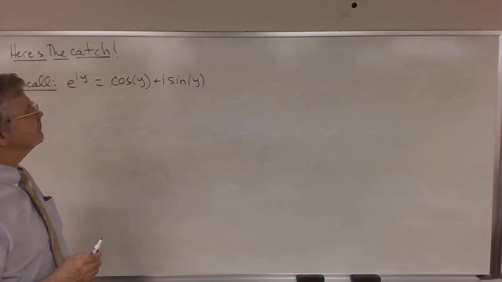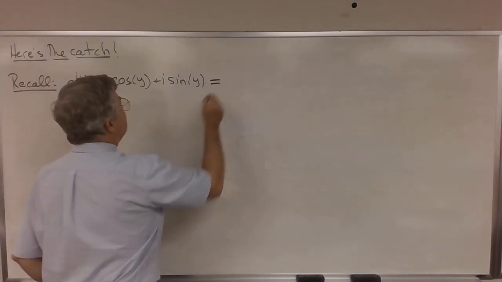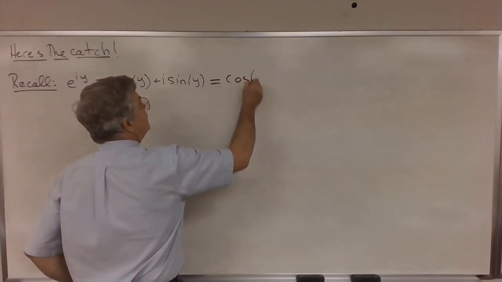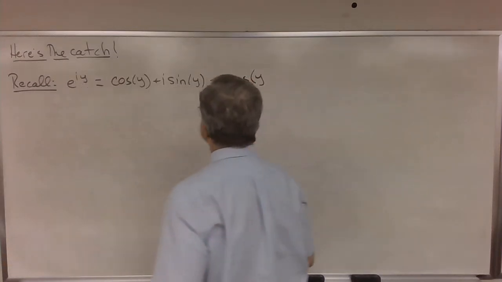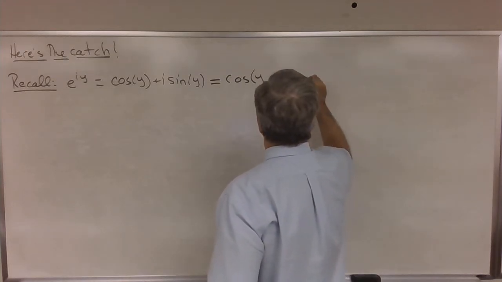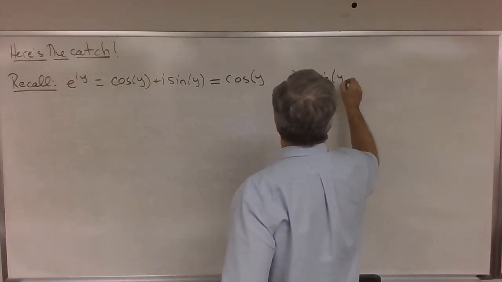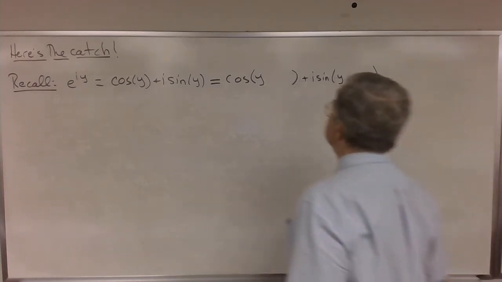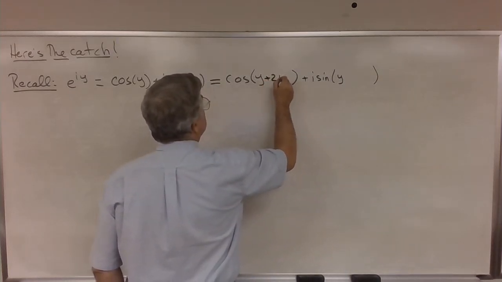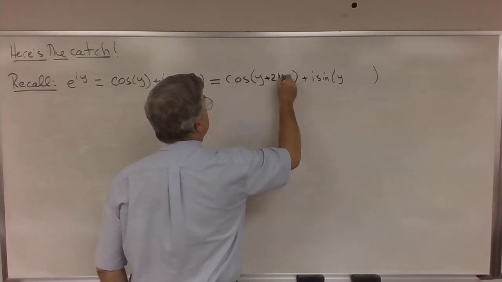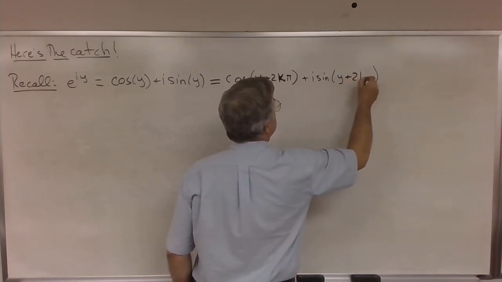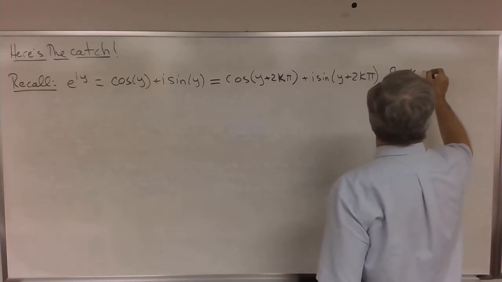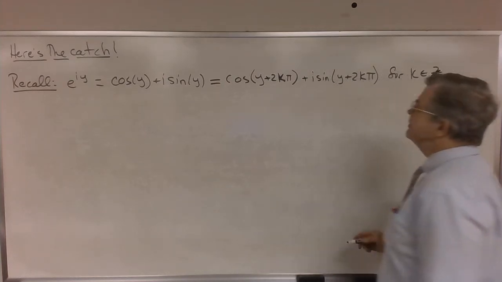But isn't this equal to cosine of y plus 2k pi plus i sine of y plus 2k pi, for any whole number value of k?